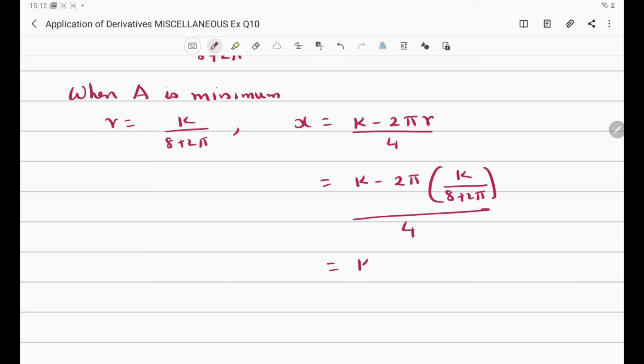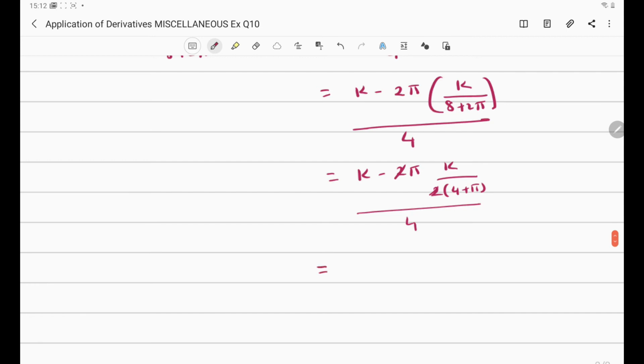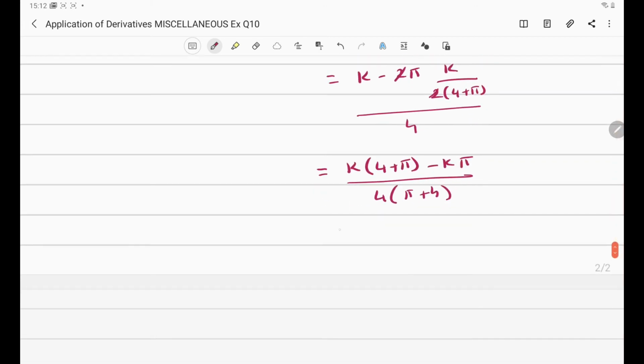k into k minus 2 pi k by, I can take 2 common, I get 4 plus pi divided by 4, so that I can cancel out this 2 and 2. Now we can write it as k into 4 plus pi minus k pi divided by 4 into pi plus 4, which is equal to 4k plus k pi minus k pi divided by 4 into pi plus 4.